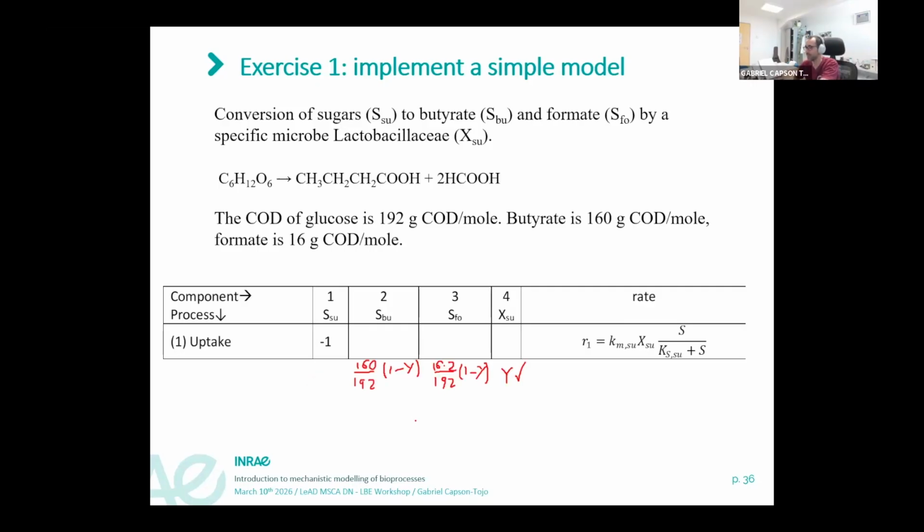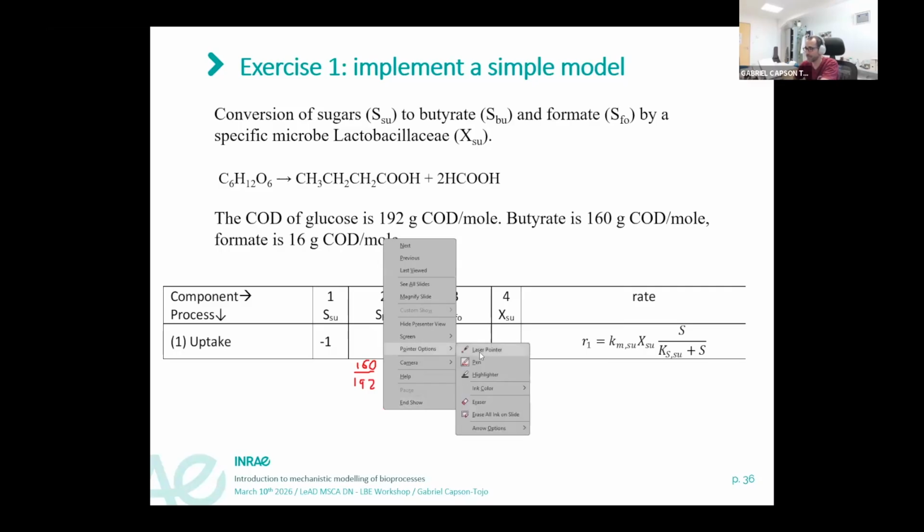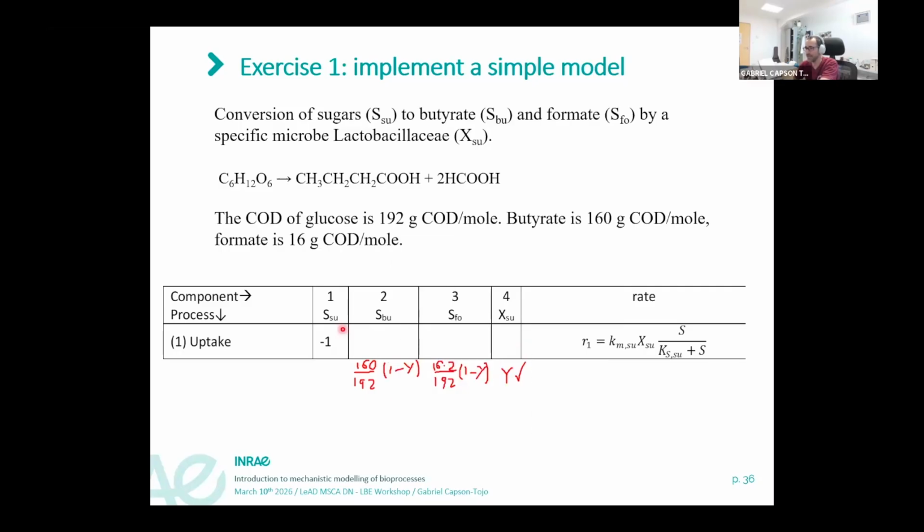And what you need to do basically is say, the reasoning is basically, if y goes here, 1 minus y needs to go to these 2, right? And how would you define how much goes to each? It's basically given by the stoichiometry of the chemical reaction. So out of 1 gram of COD, which is basically, if you have this in mole, is the proportion in COD terms that goes to butyrate.